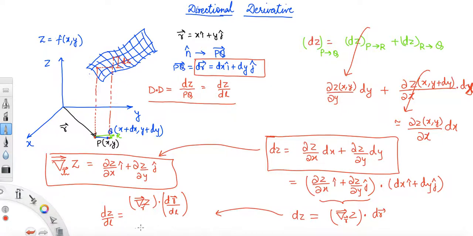So we can say this is also equal to del z, the gradient vector, dot n cap. N cap is our unit vector along dr vector. And this is nothing but dz by dl, the directional derivative. This is the relation between the directional derivative and this gradient vector. That's it.